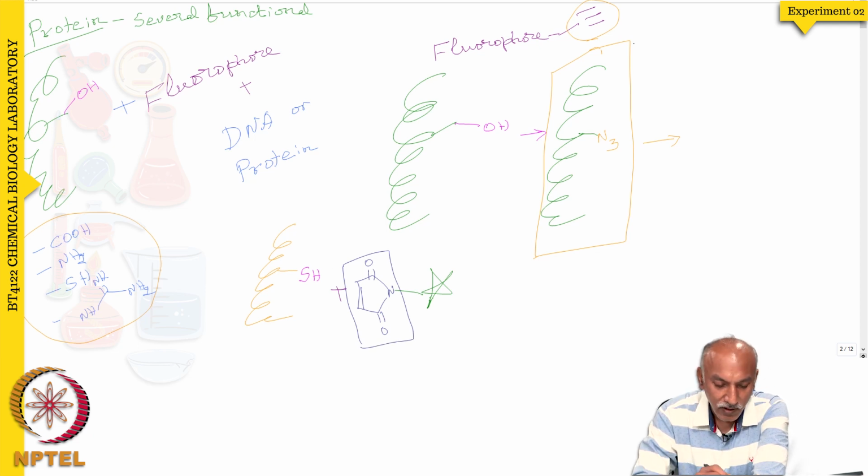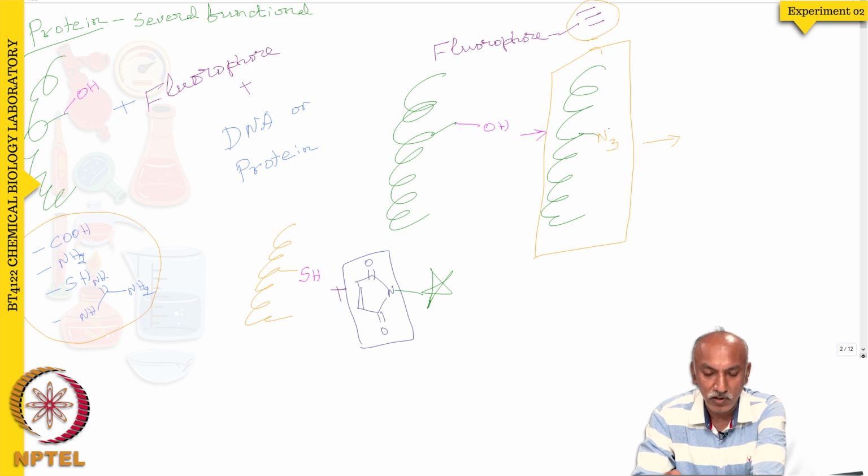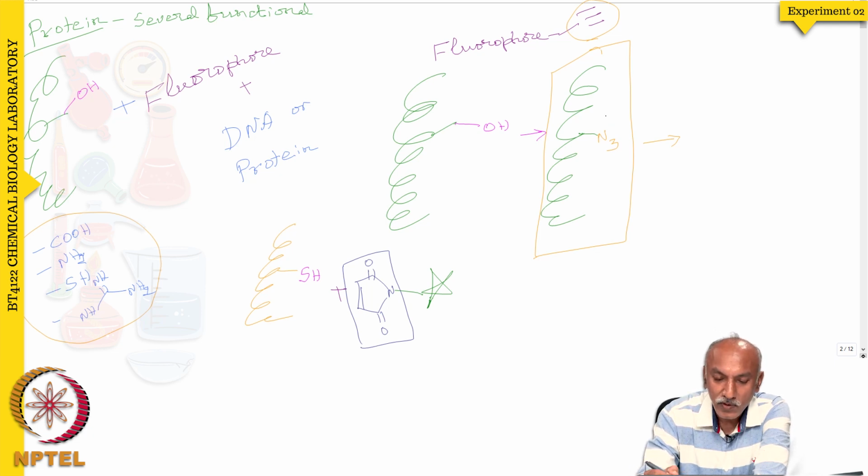Similar to the reaction between thiol and maleimide, which is bioorthogonal, the reaction between the alkyne and azide is also bioorthogonal. So, they are very specific in terms of reactivity.